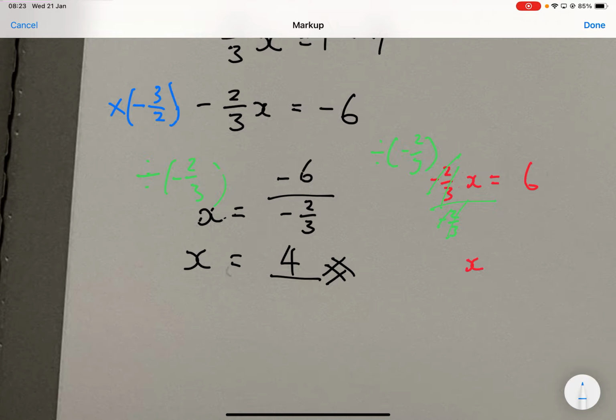Because the negative cancels. Okay? So I can either divide by this whole number, or I can find a way to cancel away the numerator, denominator, and the minus, then I will also get 1x. And actually, multiplying by negative 3 over 2 is exactly the same as dividing by negative 2 over 3.